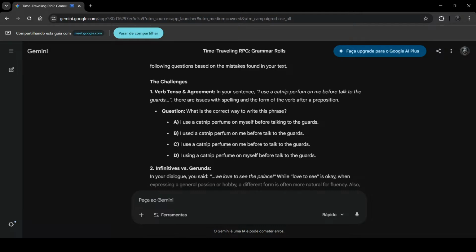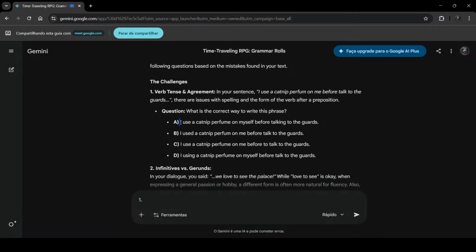Okay, so let's put here one: verb tense and agreement. In your sentence, "I use a catnip perfume on me before talk to the guards," there are issues with spelling and the form of the verb after a preposition. Which is the correct way to write this phrase?